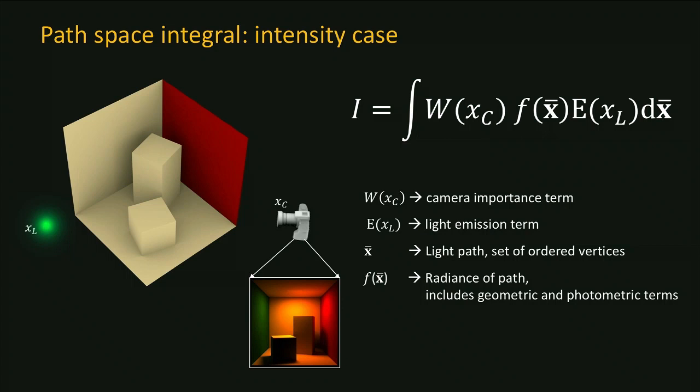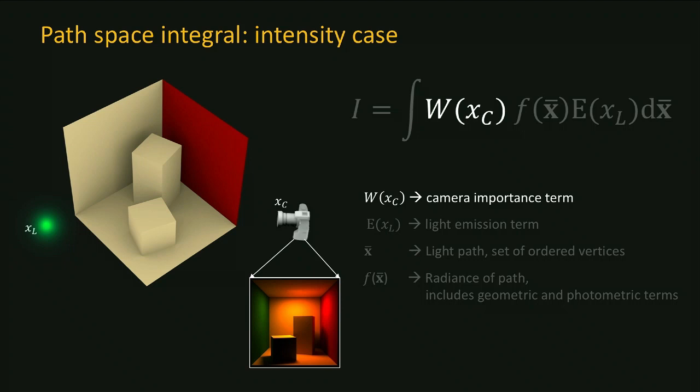Before considering the time-of-flight cameras, it is worth reviewing how we model regular intensity cameras for the purpose of Monte Carlo rendering. The intensity measured by such a camera can be expressed as a path space integral that is shown on the right top. Here, W of x_E is the importance or sensitivity of the camera pixel. E of x_L is the energy or the light emission term.